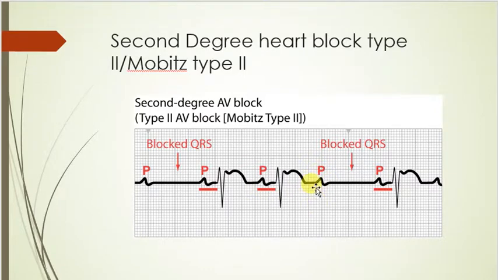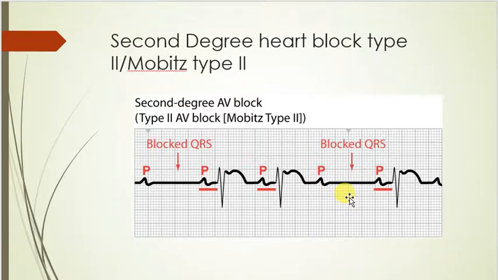You don't see a progressive prolongation of the PR interval. You just see a dropped beat, because you'll see this P wave with no QRS following it. Typically, the rhythm strip shows a P wave for every QRS, and all the P waves are the same size and shape, and a QRS will follow those P waves until that interruption, and then you see this P wave with no QRS. They can occur in what we call a 2-to-1 block.